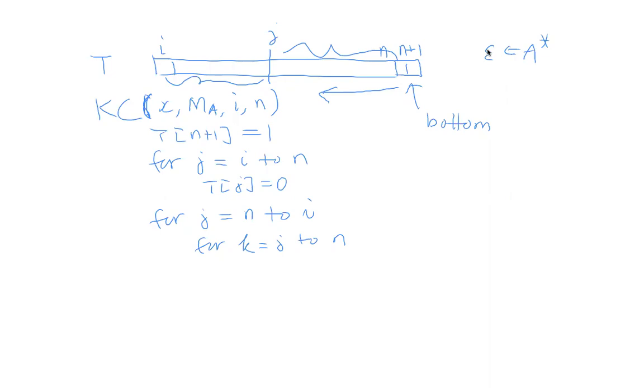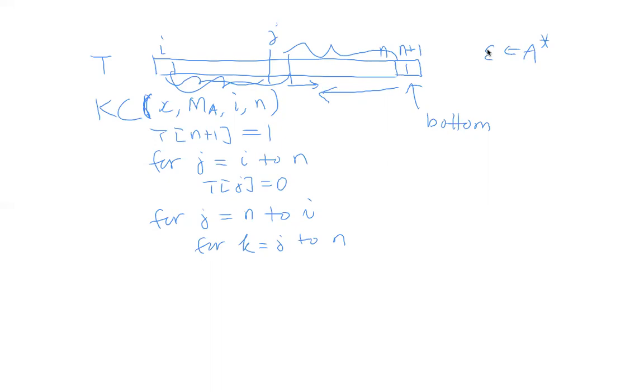So for k from j to n, we're going to look for this portion. Okay, so just keep looking at all possible subproblems, and then we assign their values.